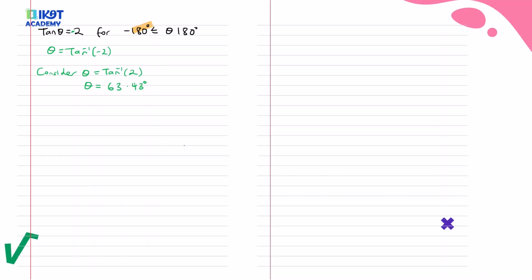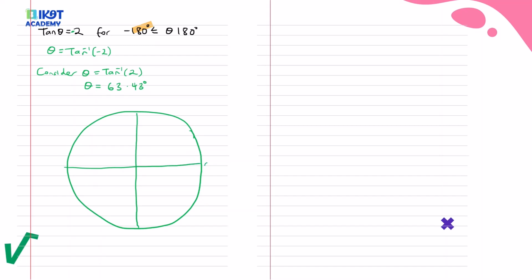Then now we draw our quadrant. Remember I told you for this one, I want to do them on the same diagram. So this is 0, 90, 180, 270, and 360 degrees.